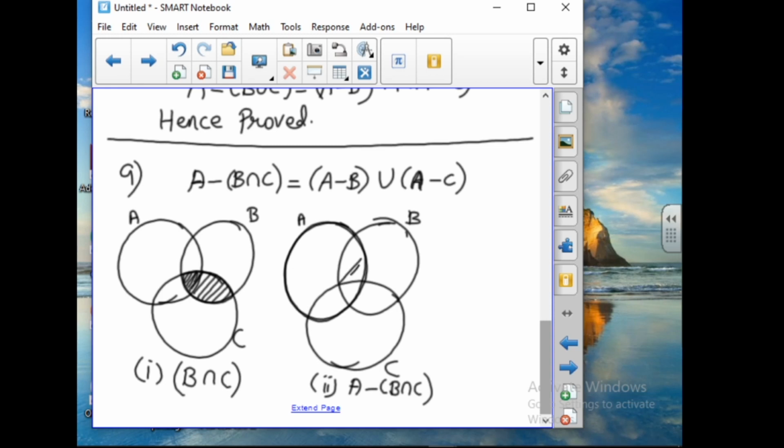Except this part, you have to shade. Very clear? In the A circle, except that B intersection C part, you can omit that part.